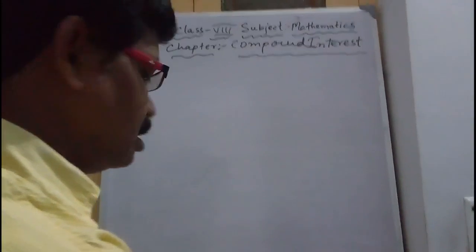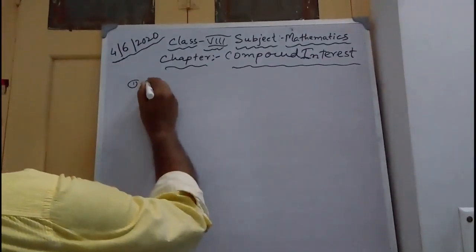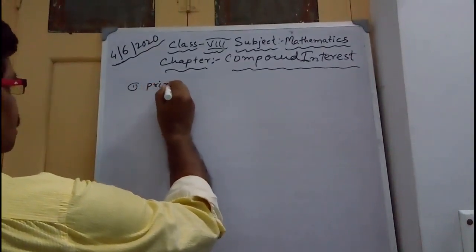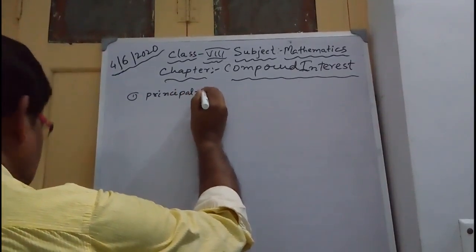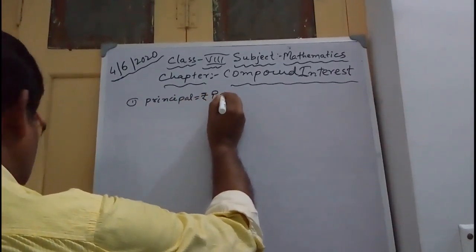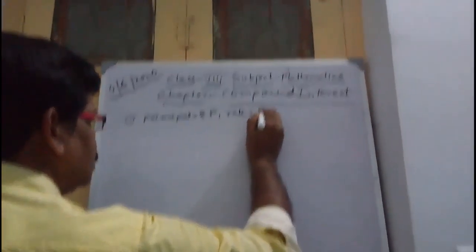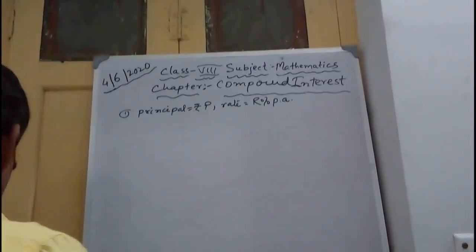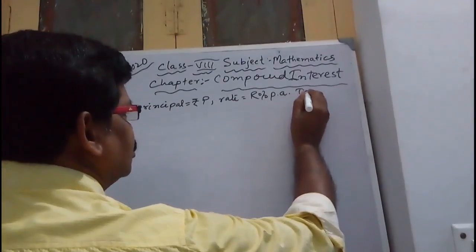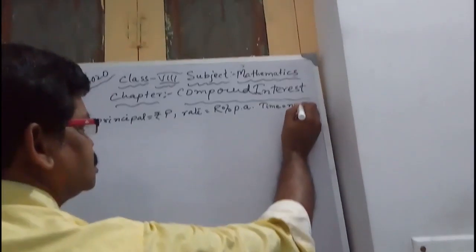Now you can use a formula to find compound interest. So see that one. Principal rupees P, rate equal to R% PA, time equal to n years.